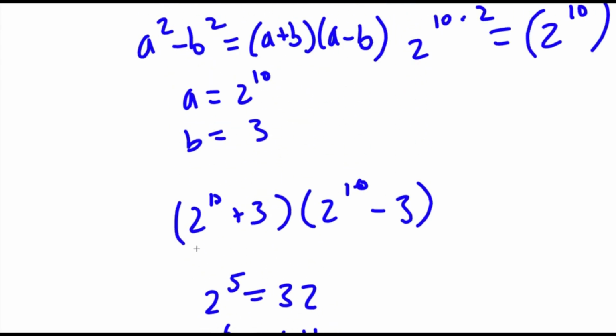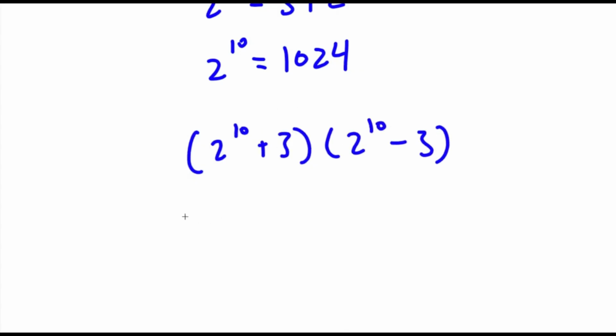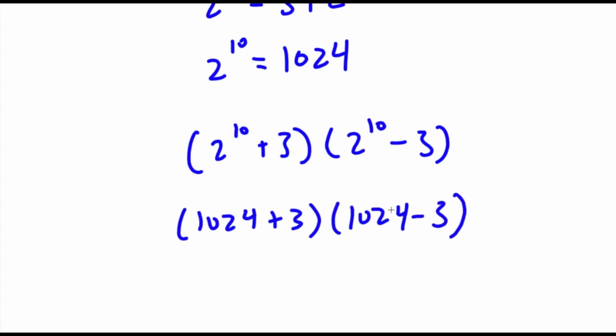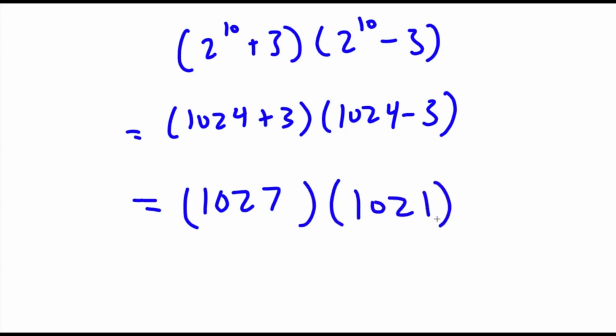So now that we have our value of 2 to the power of 10, I have 2 to the power of 10 plus 3 times 2 to the power of 10 minus 3. 2 to the power of 10 is 1024, so I have 1024 plus 3 times 1024 minus 3. Now 1024 plus 3 is equal to 1027, times 1024 minus 3, which is equal to 1021.